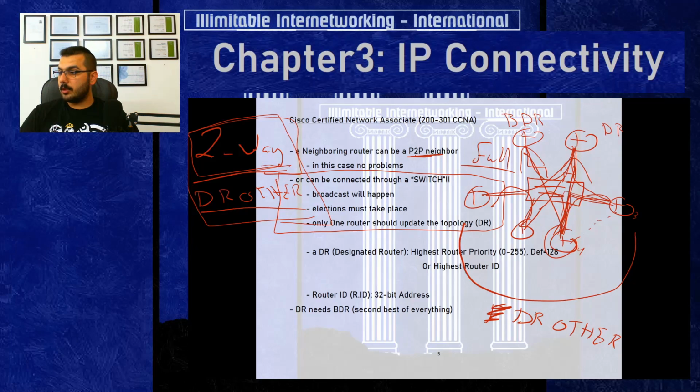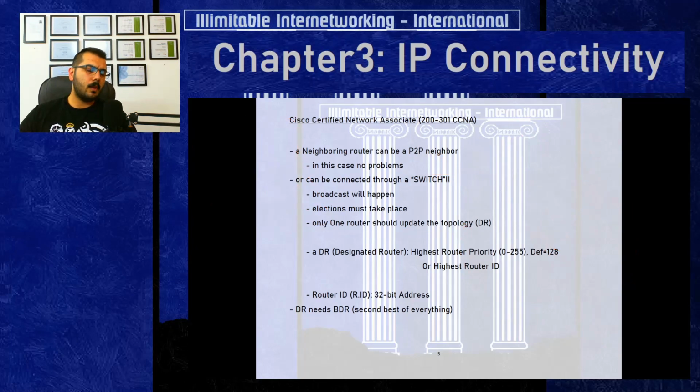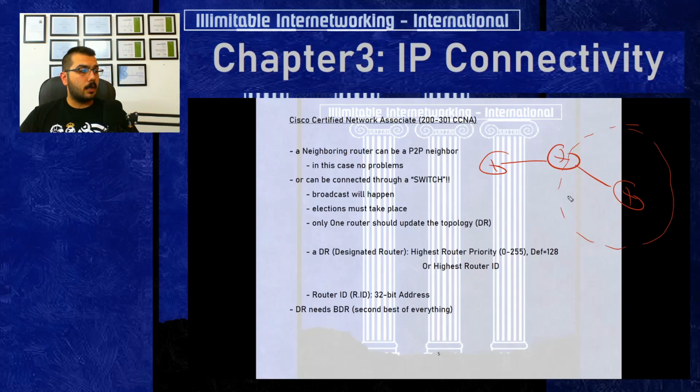The other thing to mention is that the new CCNA requires me only to talk about a single area OSPF and implement only a single area OSPF. What if it was a multiple area OSPF that you will see in the future? Maybe these two are in area 0 and this router that is connected directly to this router of area 0, this is in area 1.